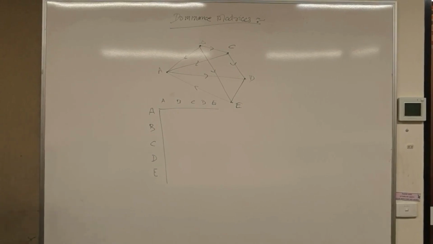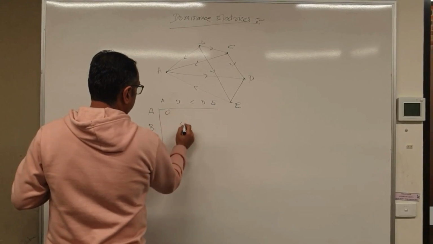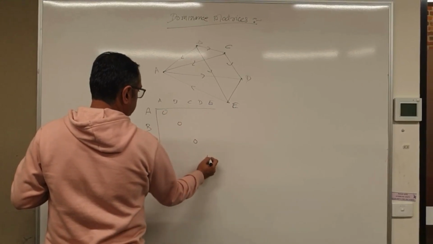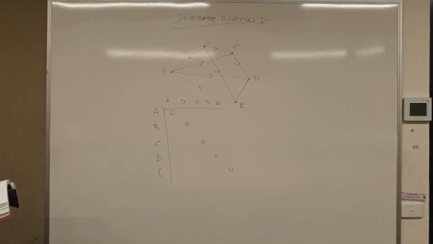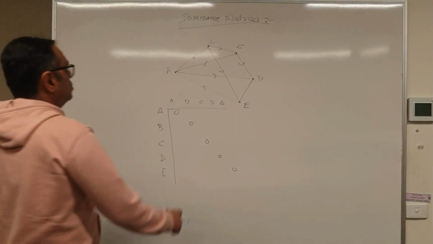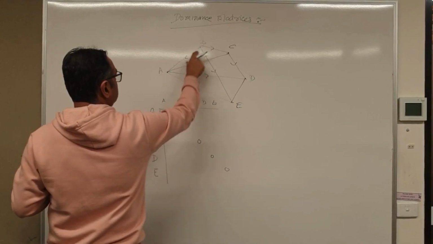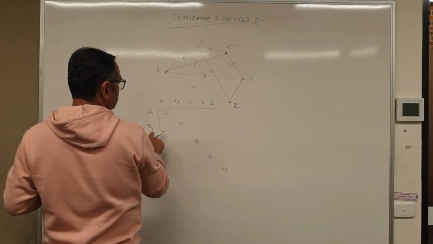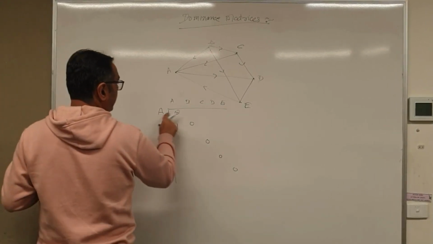Obviously, for A to B, C, D, the leading diagonal will be 0 because they're not playing against each other. Correct? So B defeated A, so that's 1. A defeated B?